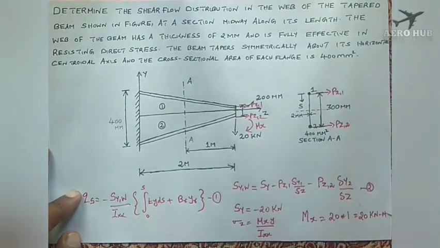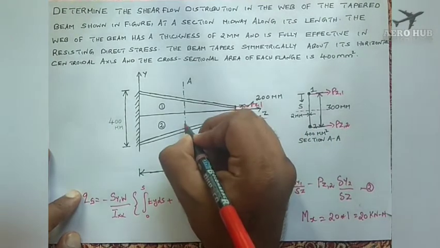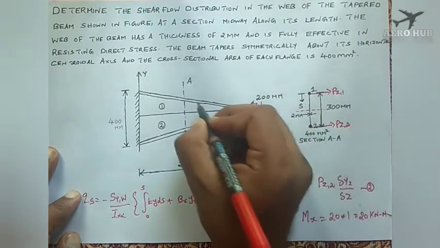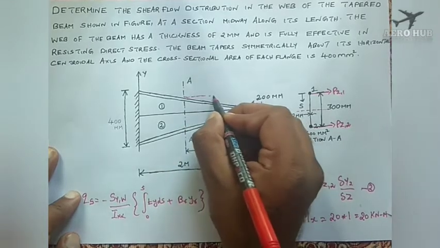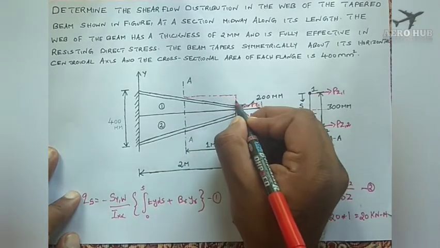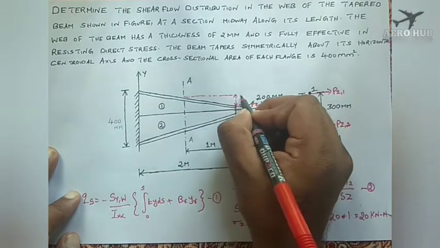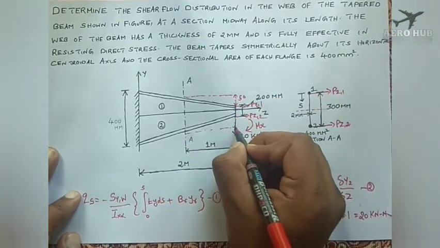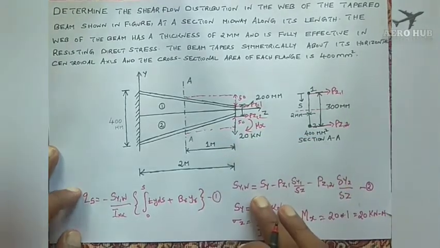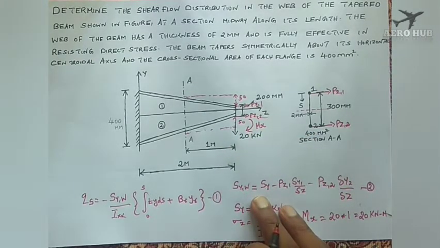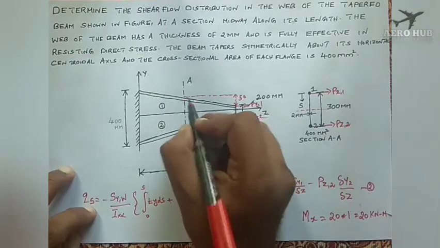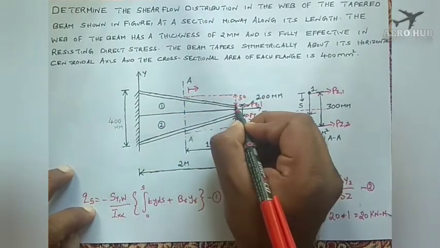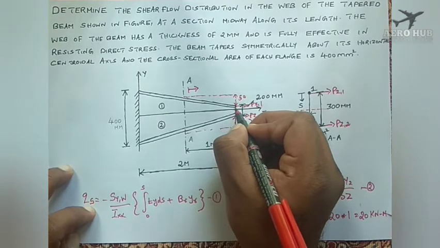So delta y1 by delta z is equal to, you can see here, the total height here is 300 and the total height at the end section is 200. So this length will be 50 and this length also will be 50 mm. Okay, so delta y1, this is a decreasing slope from this point to the end of the section, that is the free end.